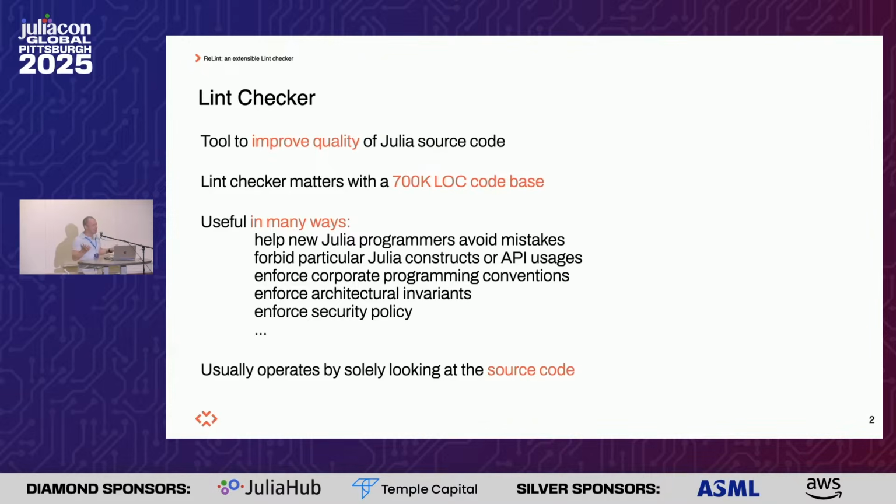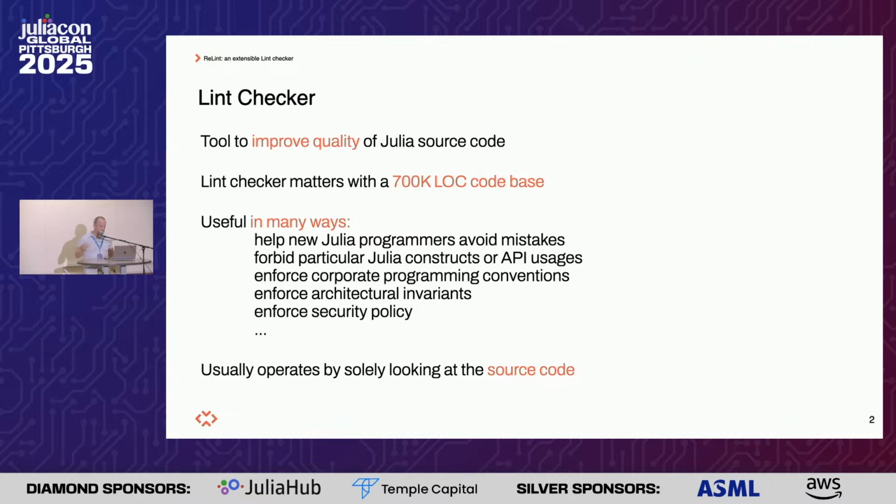A lint checker could be useful in many different ways. For example, it can help new Julia programmers to avoid some mistakes. It can also help forbid some particular constructs, Julia keywords or Julia APIs that you don't want to use. You can enforce corporate programming conventions, something very important as soon as you have a sizable number of software engineers working on the same code base.